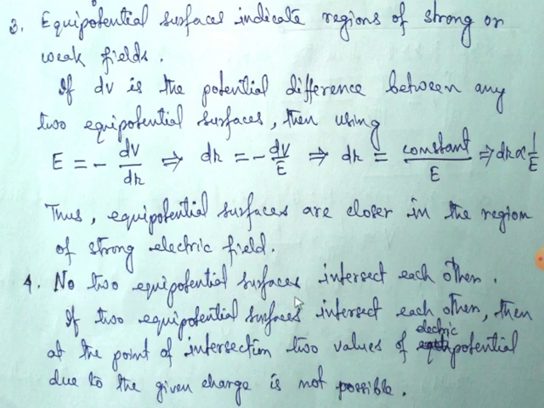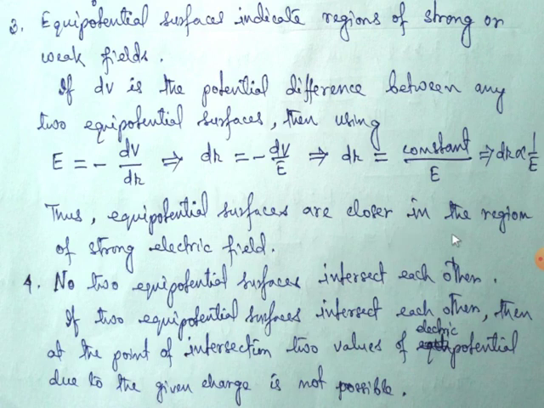Number 4: no two equipotential surfaces intersect each other. Why can't they intersect? Because if two equipotential surfaces intersected, then at the point of intersection there would surely be two values of electric potential due to a given charge, which is impossible for a given point charge or a distribution of charge.